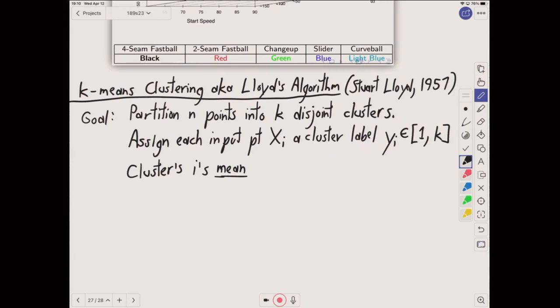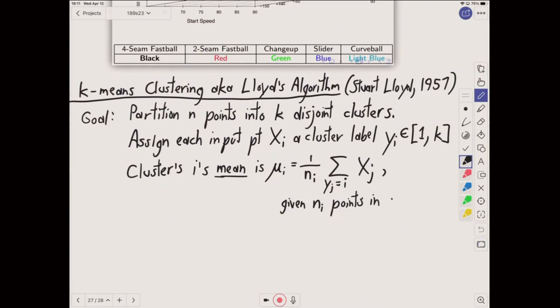So cluster i, its mean, we're going to write it with the notation mu subscript i, and that's going to be 1 divided by the number of sample points that we have assigned to cluster i, times just the sum of the positions of all of the points in cluster i. Again, just a reminder of what n_i is.